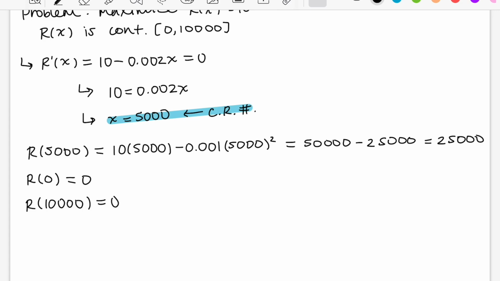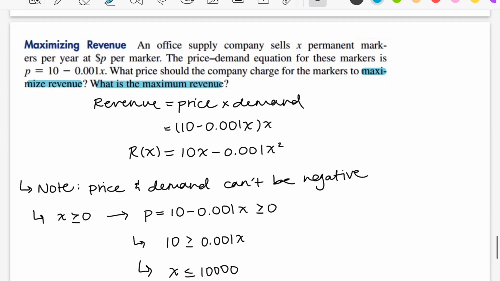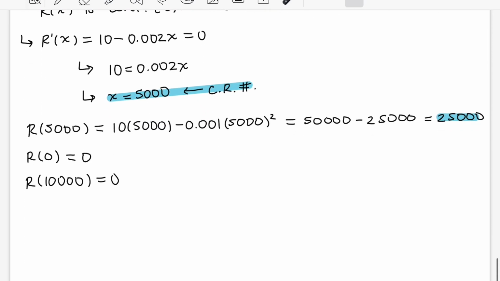So this tells us that our maximum value is going to occur when x is equal to 5,000. So when we have 5,000 markers, and it'll be $25,000 in revenue. We also want to figure out what price the company should charge for the markers to maximize this revenue.